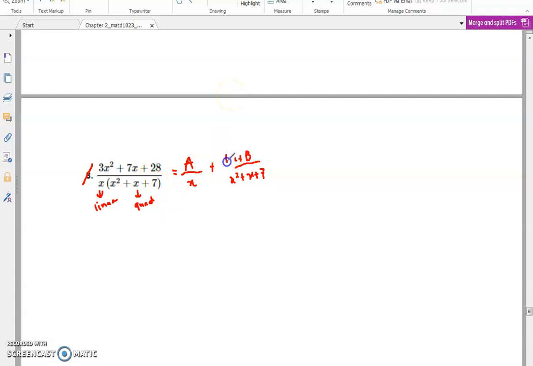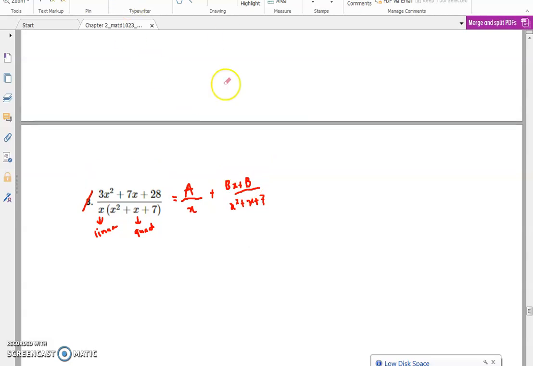So we are supposed to get here bx. And since we got b here, we are going to change it into c. So we are supposed to get bx plus c. Then we are going to have a different constant for each numerator.